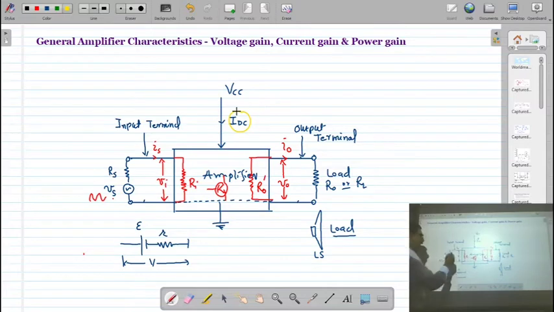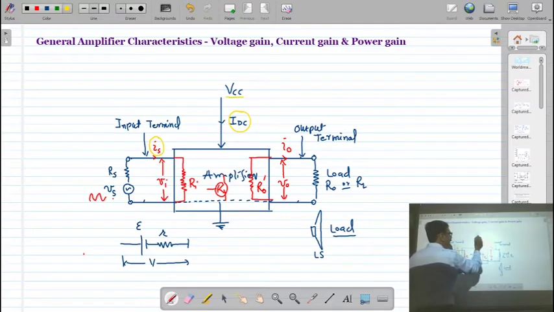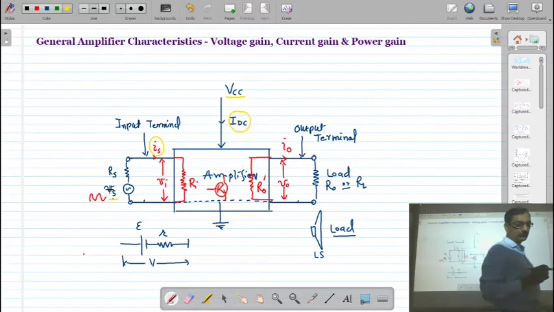But at the same time, this is also representing a current, the input current, but here I have used a small letter. So what is the reason? VCC, here I am using a capital V, but when I am writing an input signal, I am using a small v. So there is some meaning for that.